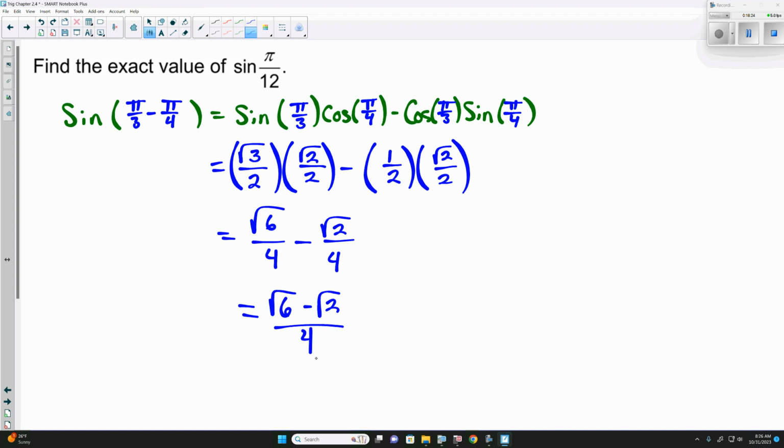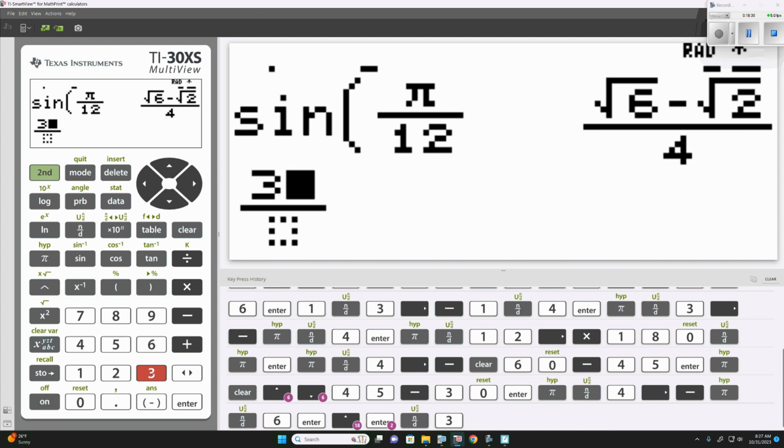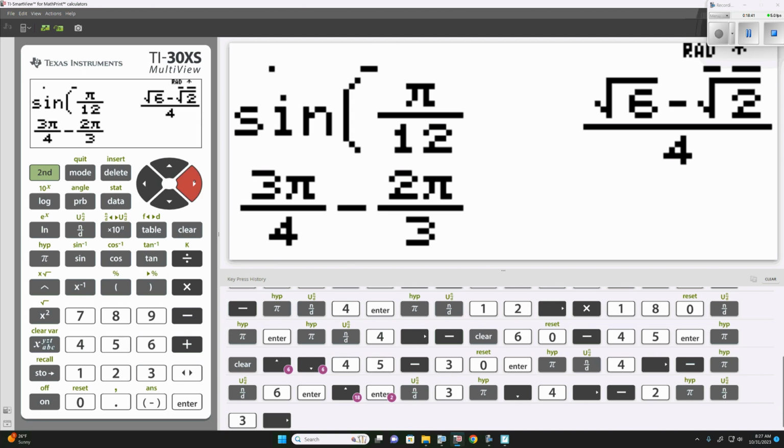And I mean, we could keep doing examples of these. So these are both in the third quadrant, yes? 3 pi over 4, 2 pi over 3.